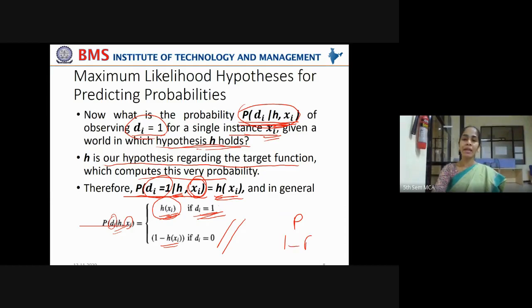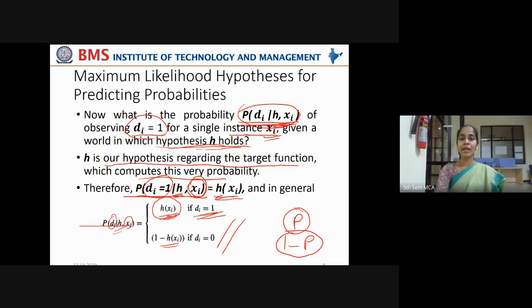It is 1 minus P. Basic probability explanation, right? The probability of occurrence of an event, if represented by P, the probability of that event not occurring is 1 minus P.